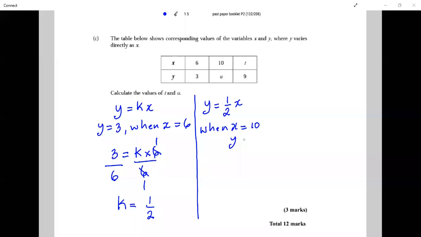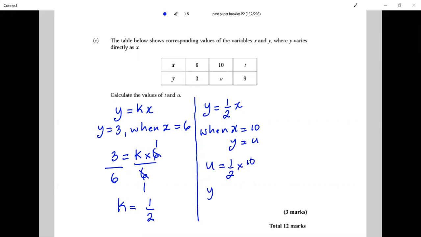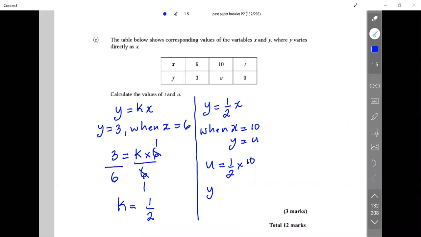So I can put that in. U is equal to a half of x, which is 10. So u, if I would like to write y, is equal to 5.